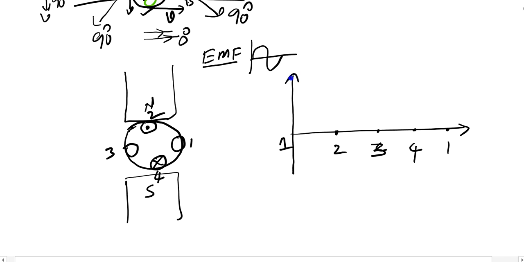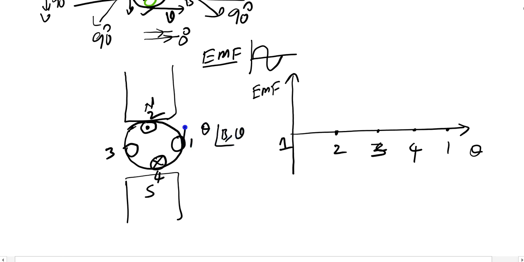Assume this is the EMF versus the position, or you can say angular theta or mechanical theta. At the point 1, what is the angle theta between B and V here?